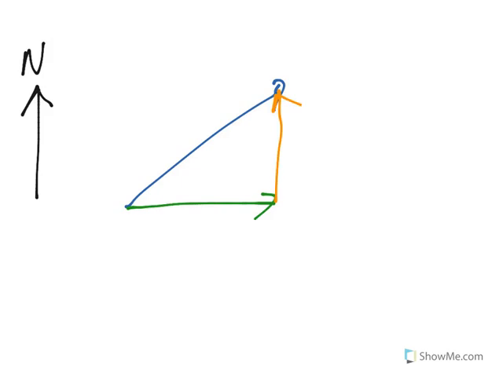The green one is towards the east, so that would be the easterly component, and the orange one is in the northerly direction, so that would be the northerly component.